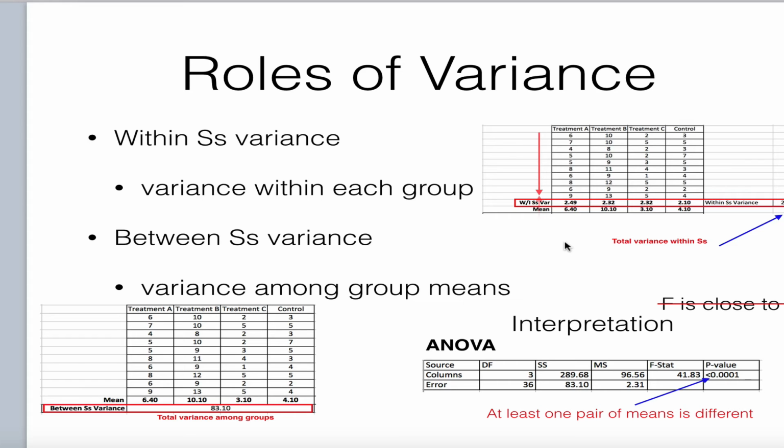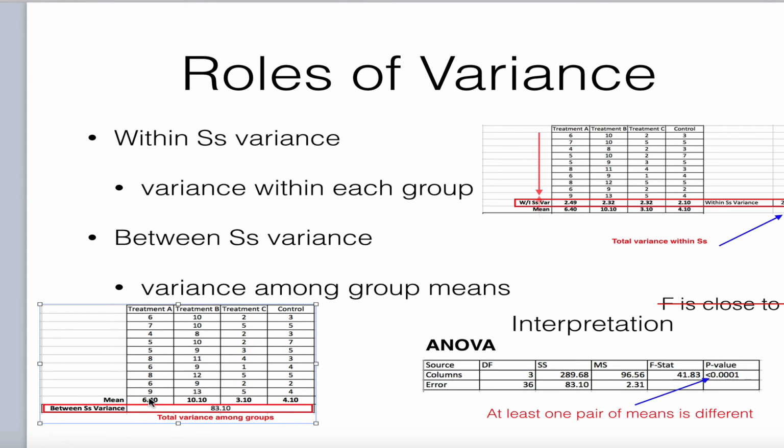There are two kinds of variances that are calculated in an analysis of variance. The first is called the within subjects variance, and what we do here is to compute the variance within each of these groups, and the analysis of variance calculator will do that for us, and so that's the within subjects variance is 289.68.